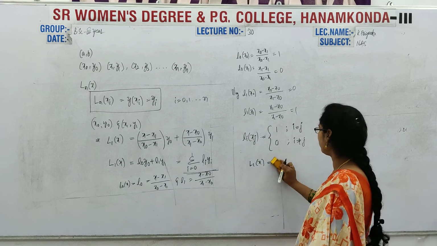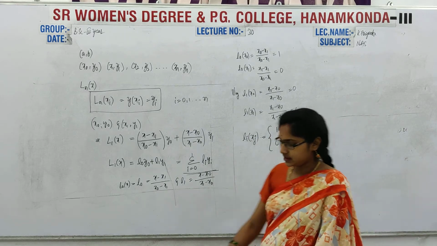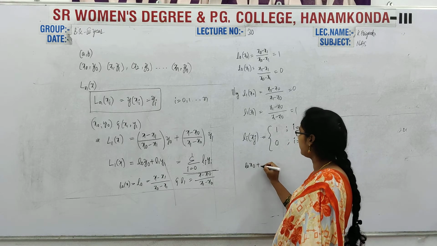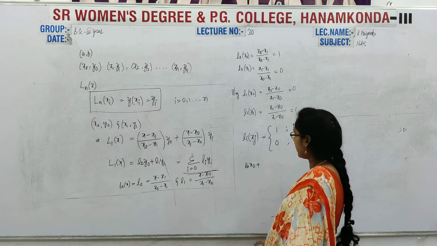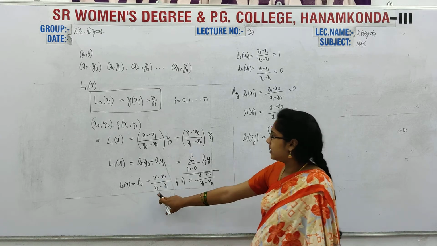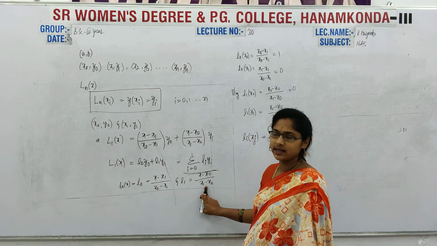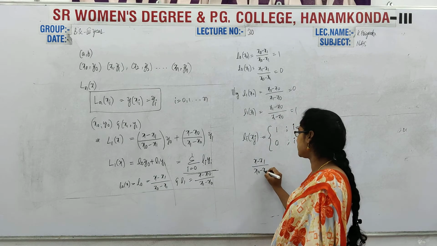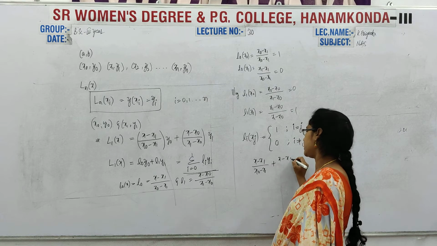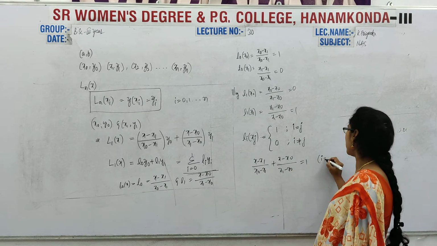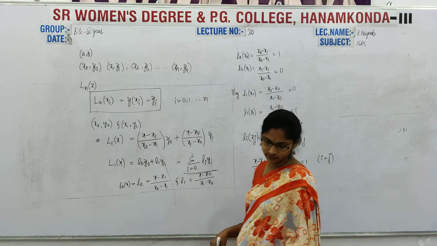Otherwise, here we have to consider L0 x0 plus L0 x1, directly taking simply the addition. Then x minus x1 by x0 minus x1 plus x minus x0 by x1 minus x0 is equal to 1 for i is equal to j.